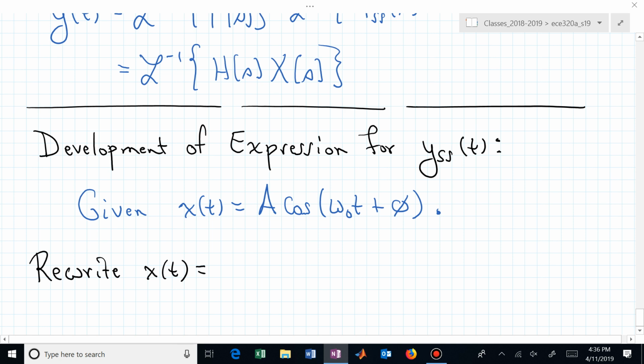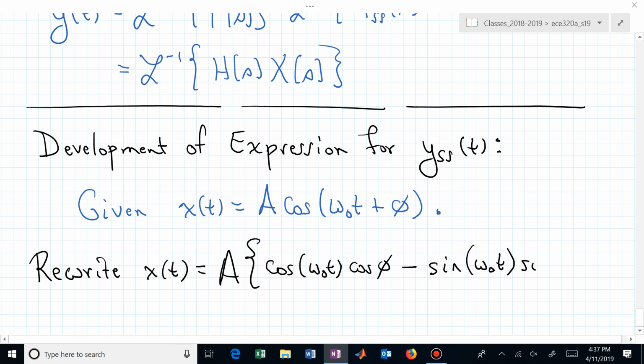I'm going to rewrite x of t, keeping the constant A outside, and I'm going to say this is the cosine of the sum of two angles, cosine of a plus b, where a is omega naught t and b is phi. This is now cosine omega naught t cosine of phi minus sine omega naught t sine of phi.